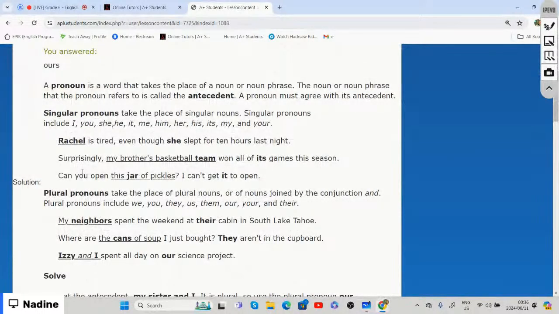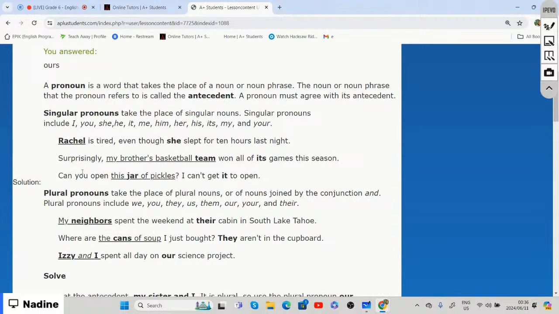The noun or the noun phrase that the pronoun refers to, we call the antecedent. A pronoun must agree with its antecedent. The antecedent is the noun that the pronoun refers to, and a pronoun takes the place of a noun or a noun phrase.